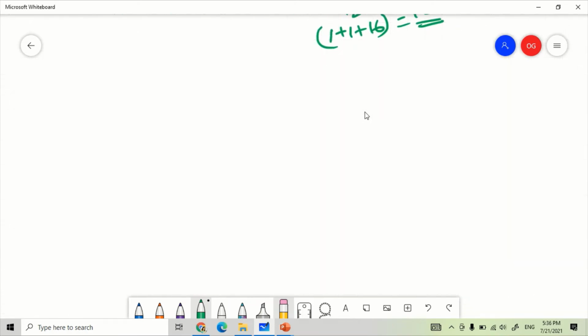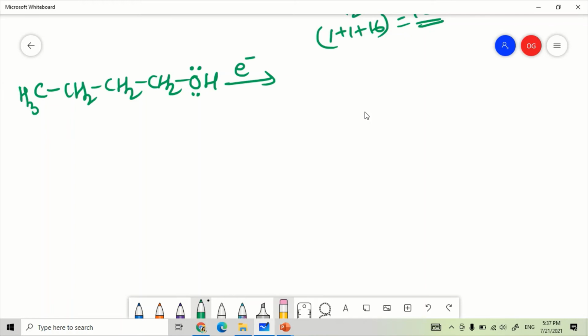Okay, so let us take this simple example: CH3 CH2 CH2 CH2OH. So, lone pair of electrons. The first step is writing the arrow, electrons on it, and then writing the molecular ion.